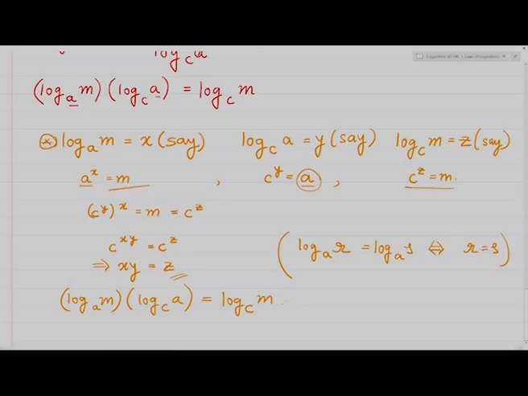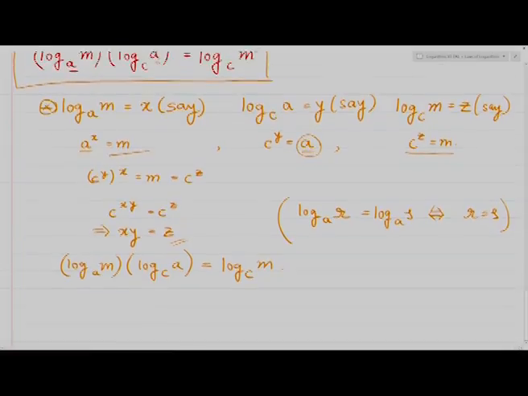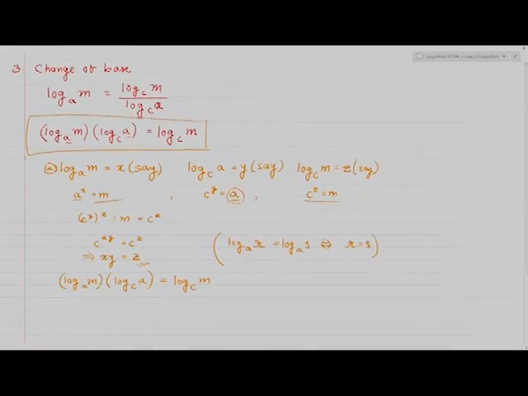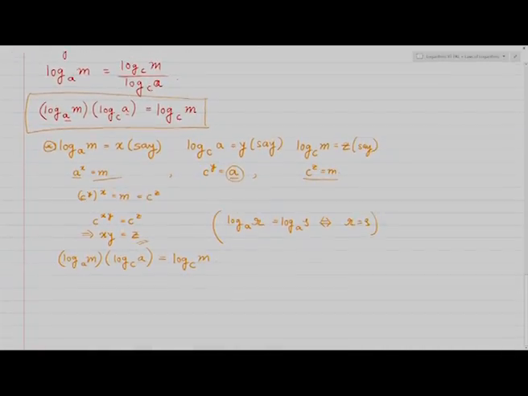That means what? That means I have proved whatever I am supposed to prove. Right. So, this is a change of base theorem, which is very helpful while deriving certain properties. So, if you rewrite this, you will get this property.